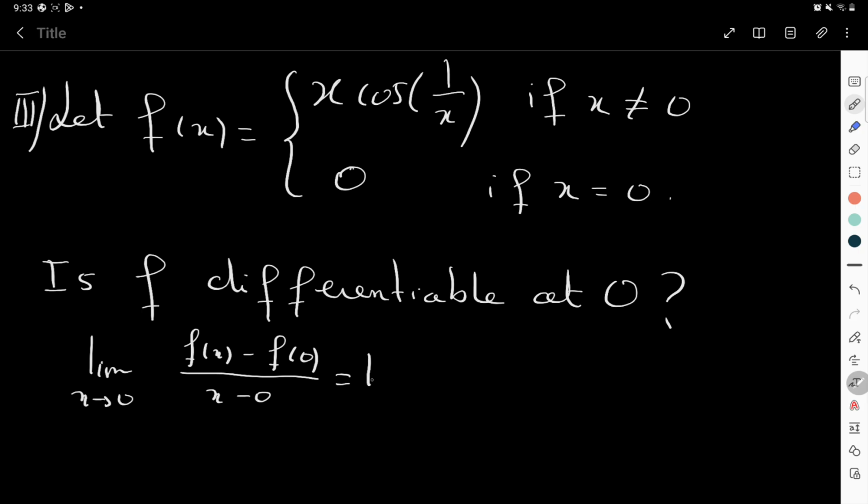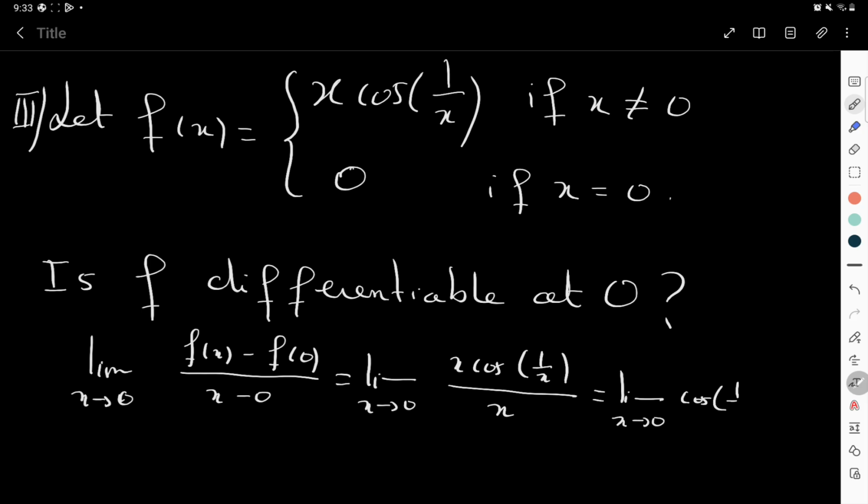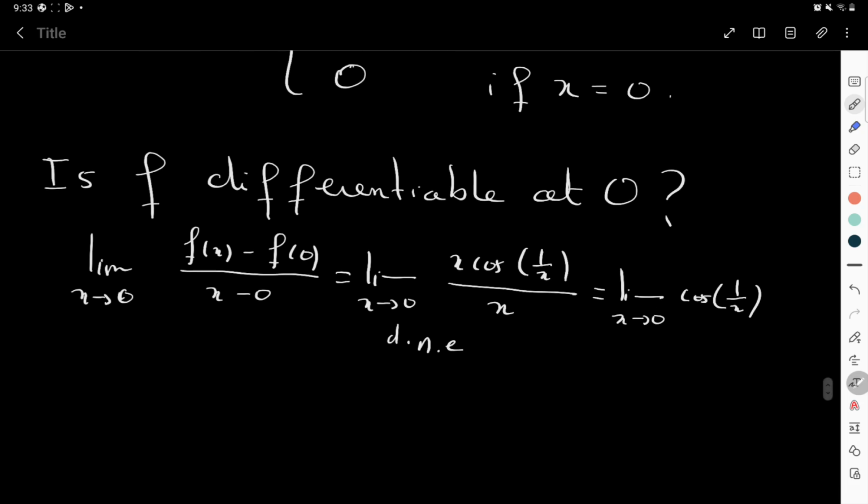Very easy. f of 0 is 0. And if x is going to 0, this means that x is non-zero, so f of x is x cosine 1 over x. f of 0 is 0, divided by x. So this is the limit as x goes to 0 of cosine 1 over x, which does not exist, DNE. So f is not differentiable at 0.